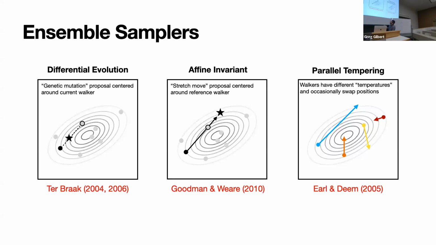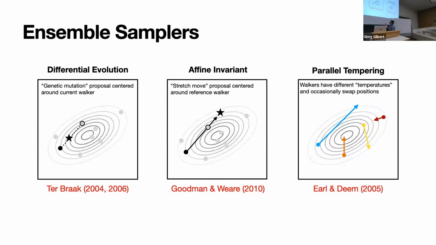So this is your walker that we're moving right now. And you find some reference walker here. And we say, okay, we're going to move along the line between those two walkers. You can see if you drew lines between all the different walkers, that gives you some sense of what the geometry looks like. It allows you to make smarter steps based on the positions of all of the different walkers and starting to learn what the geometry looks like.